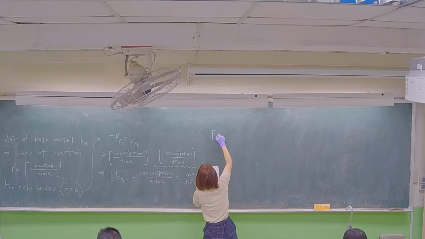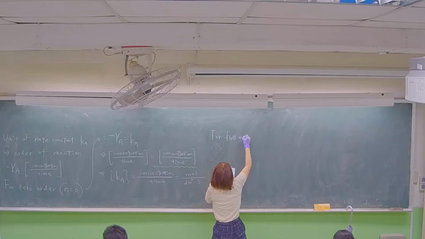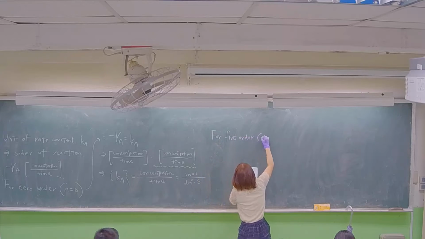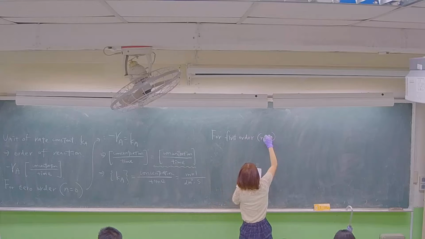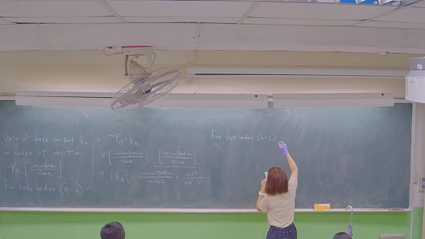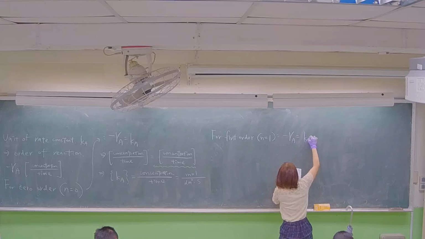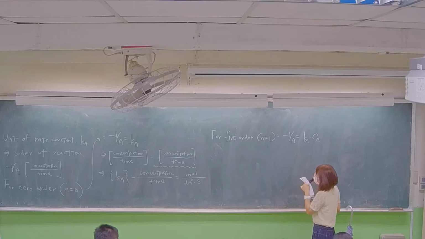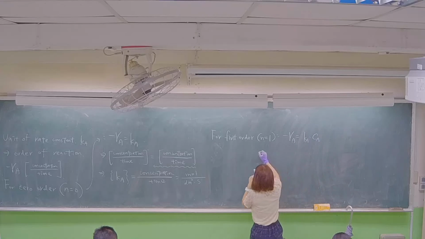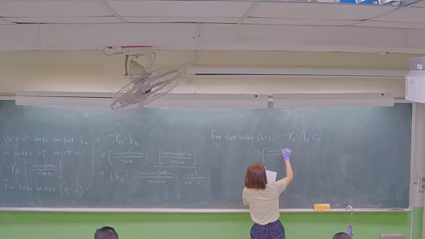How about the first order? N equals 1. For the first order reaction, minus Ra is equal to Ka times Ca, right? So let's write down the unit. The unit for minus Ra is still concentration over time.